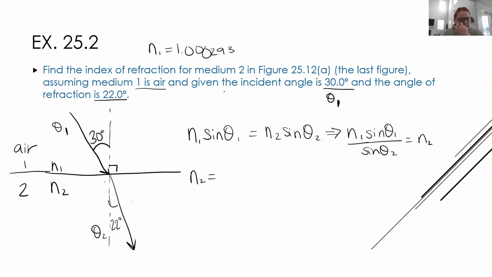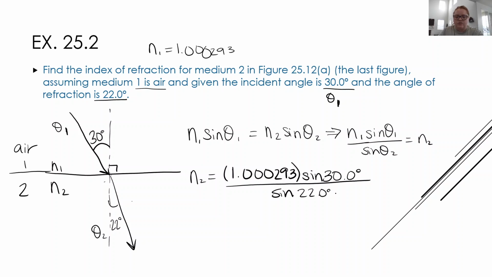So n1 is 1.000293, and then we have sine of theta 1, which is 30 degrees, divided by sine of theta 2, which is 22 degrees.